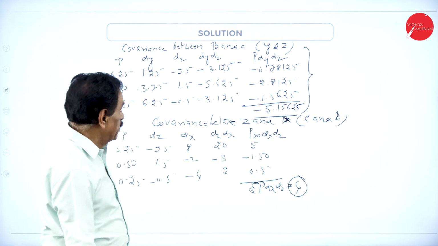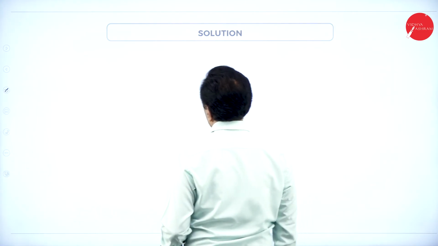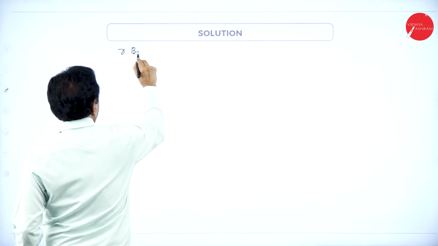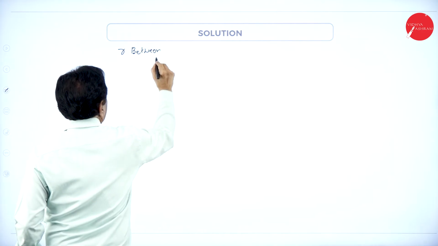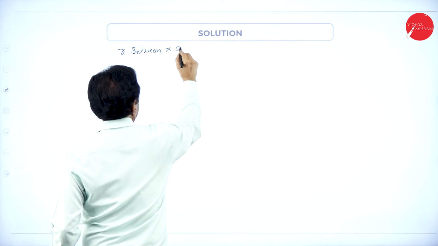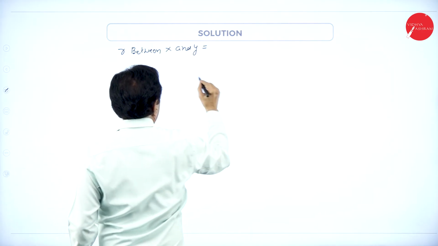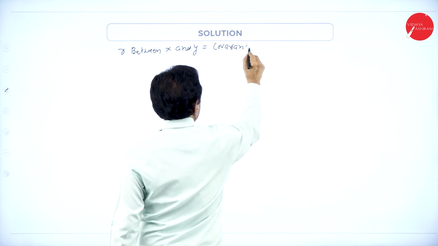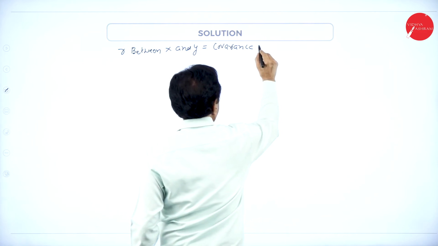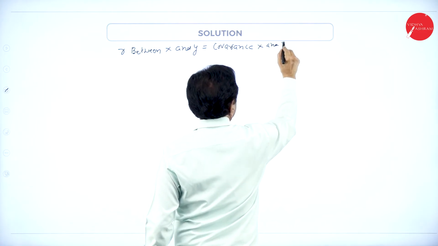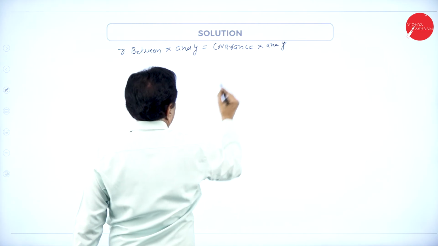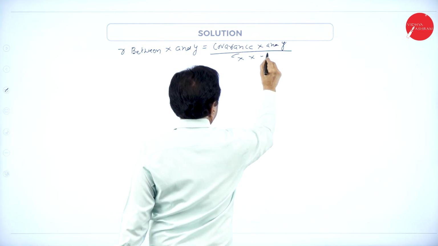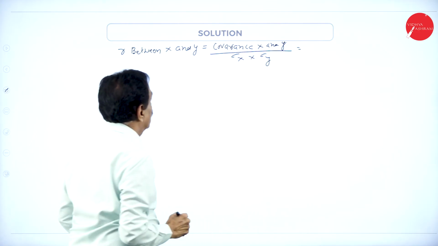Covariance. So we'll go now with correlation r between x and y. Covariance of x and y divided by standard deviation of x into standard deviation of y.